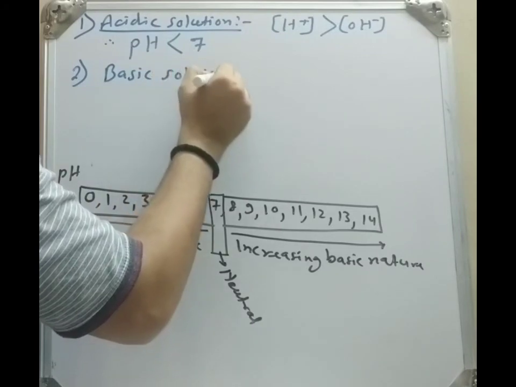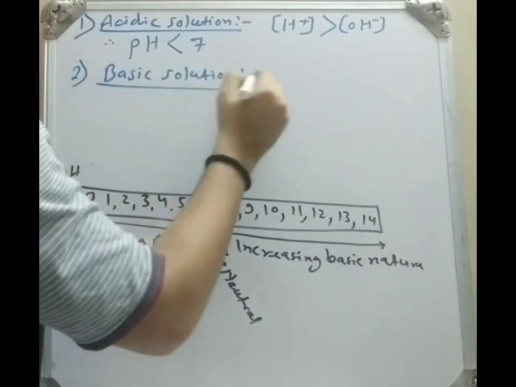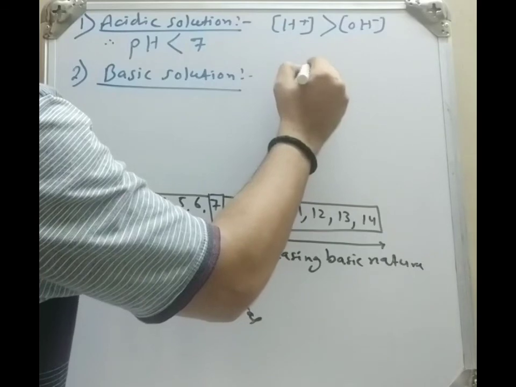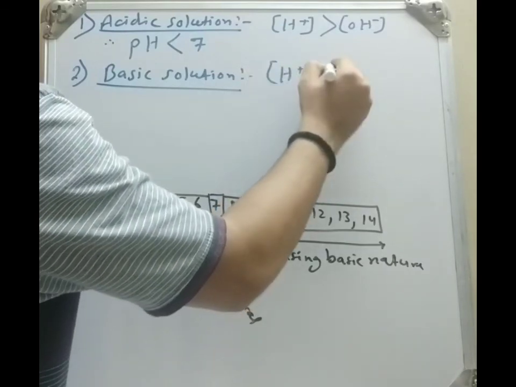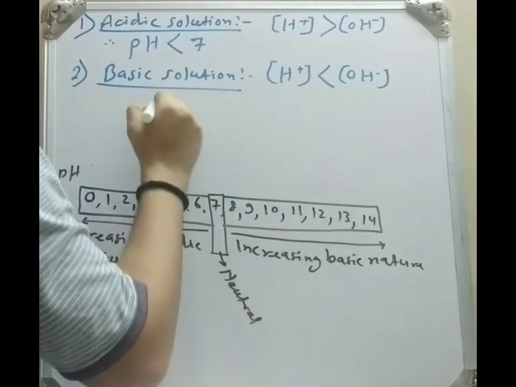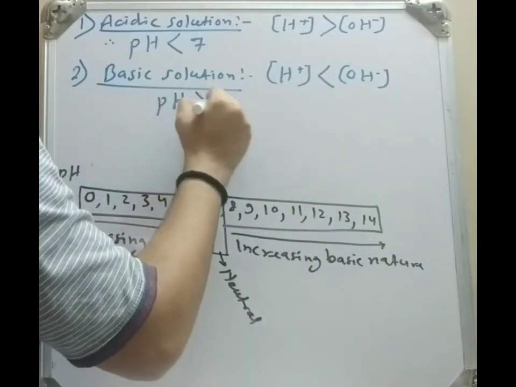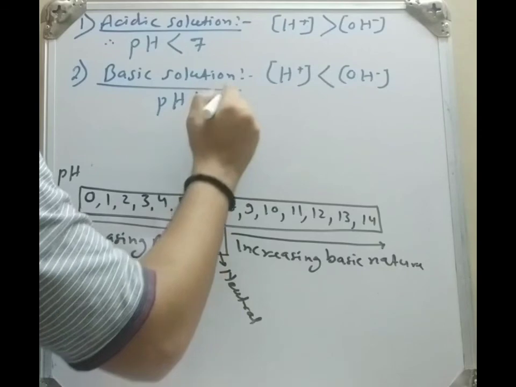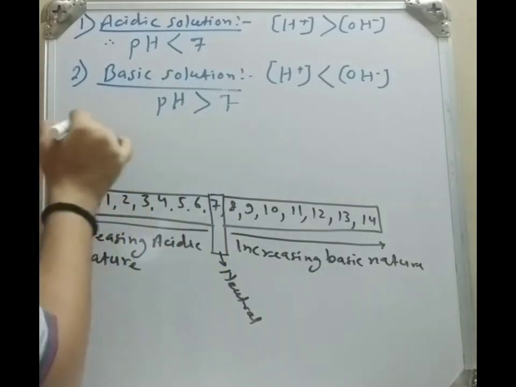In this solution, H plus concentration is less than OH minus concentration, meaning OH minus concentration will dominate and pH will be more than 7. Then our solution is basic solution.